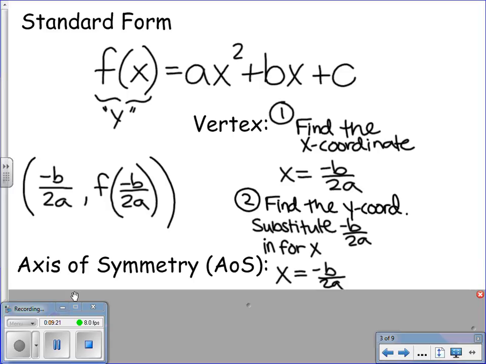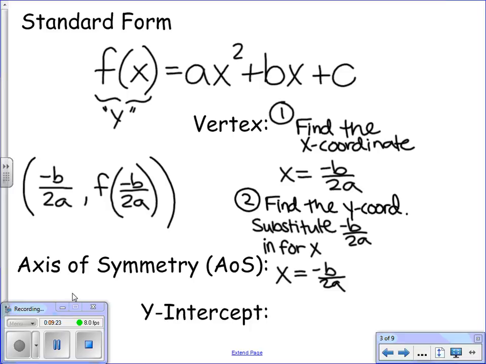There's one other thing I'm going to show you here. And it's one of the nice things about standard form of a quadratic: there's an extra point you can find very easily. And that's the y-intercept. So remember, y-intercepts are where our graphs cross the y-axis.